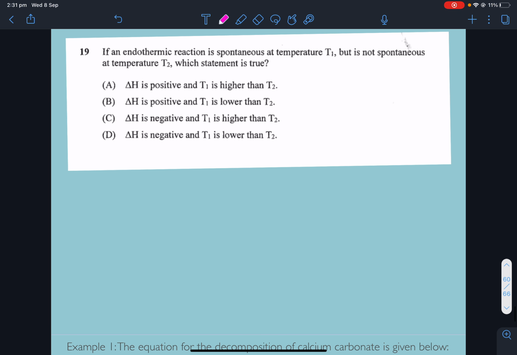Here we go. Past paper questions. If an endothermic reaction, or delta H greater than 0, is spontaneous at temperature T1, but non-spontaneous at temperature T2, which statement is true?